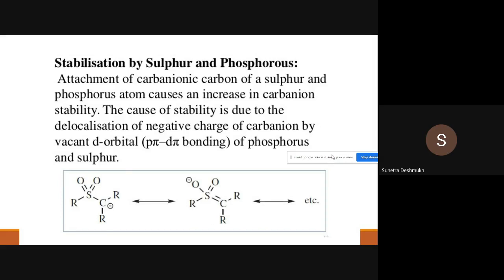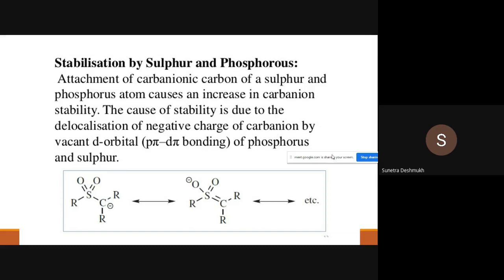Phosphorus and sulfur, this is a very big plus point of these elements, for p pi d pi bonding. Due to these vacant orbitals, the negative charge of these carbanions can travel over more and more orbitals, and due to this traveling they have more stability.